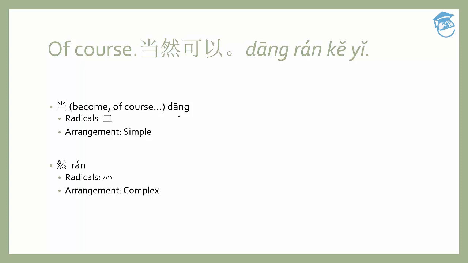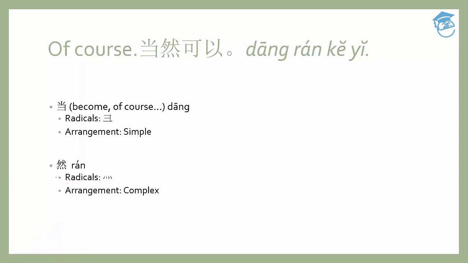This is the pinyin dāng, and the radical is what's at the bottom there. The arrangement is simple. Let's look at how to write 当. 1, 2, 3, 4, 5, 6. 6 strokes for this word, 当.